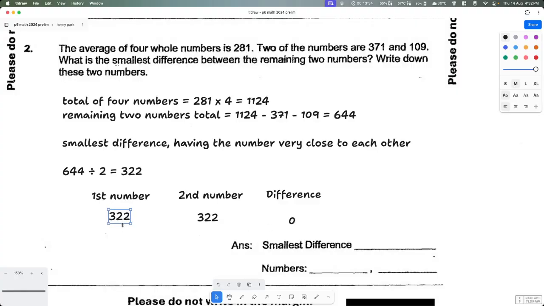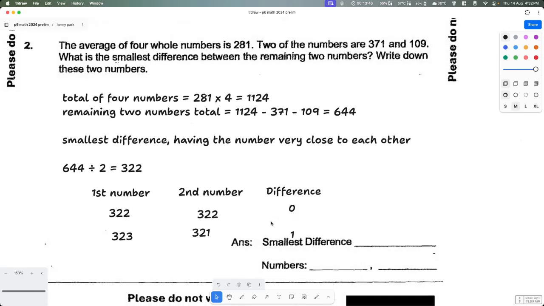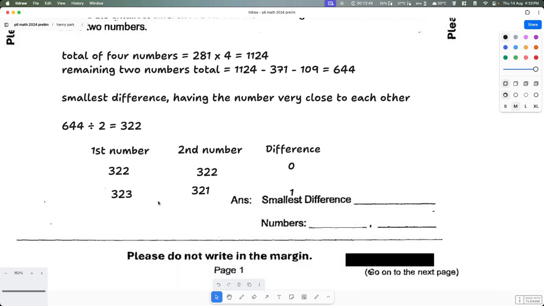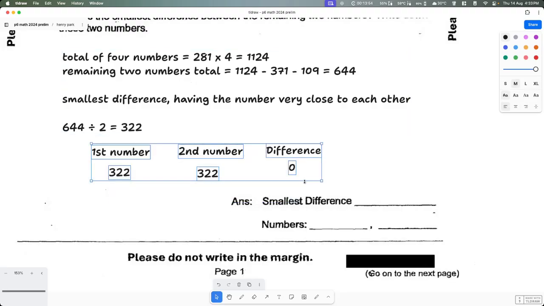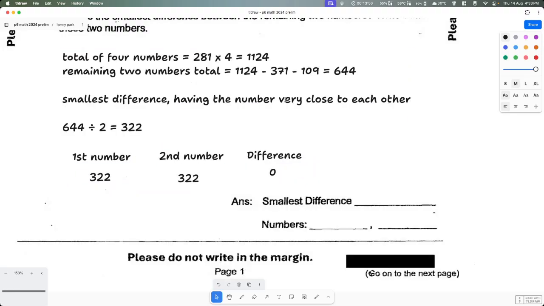If we were to say 323 and 321, that means the difference is 1. To be honest, the smallest difference is just 0, which is having the numbers be the same. Therefore, the smallest difference is 0, and the numbers are just 322 and 322.